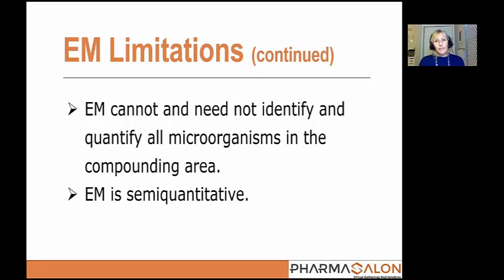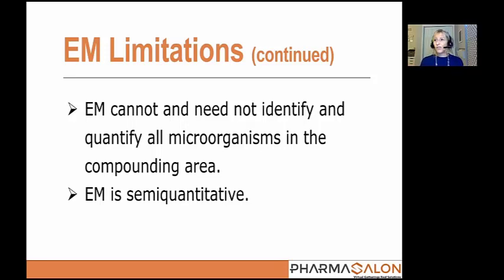One of the other limitations with EM is that it is not going to be able to, nor does it need to be able to, identify and quantify all microorganisms in the compounding area. This is a quick snapshot in time of what's there when we're sampling. So it's really just giving us something semi-quantitative, because that number of microorganisms is going to fluctuate.